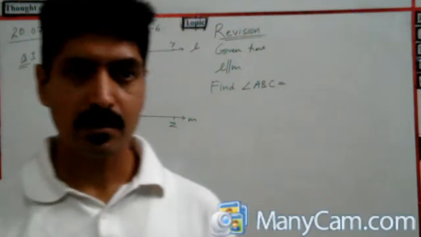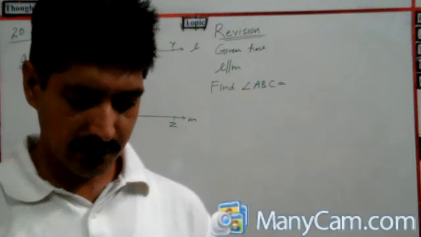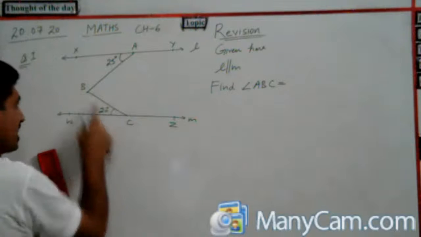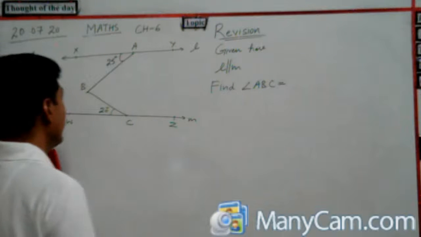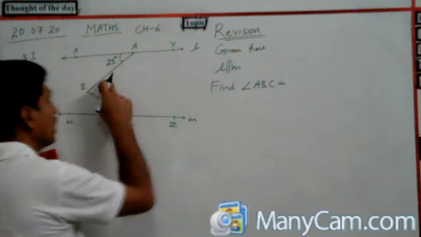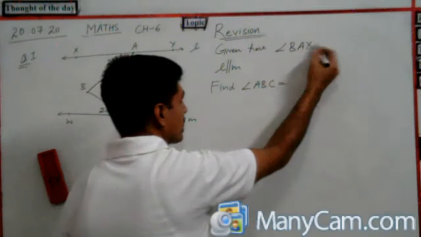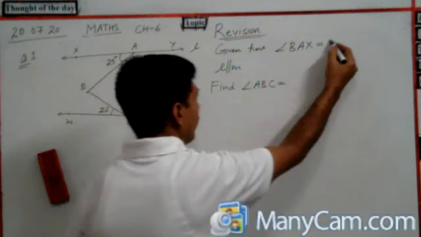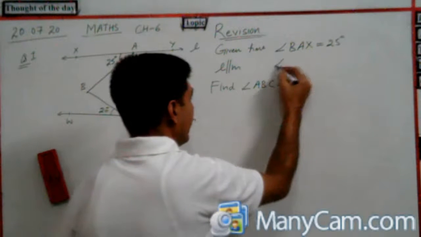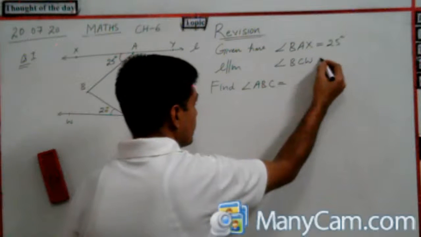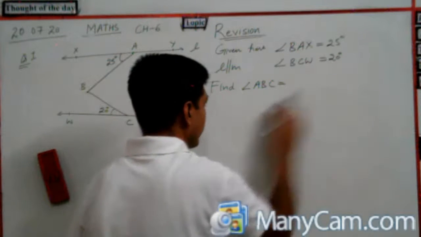So you can start. Here are two lines. One is asking: angle BAX is equal to 25 degrees, and angle BCW is 20 degrees, right?